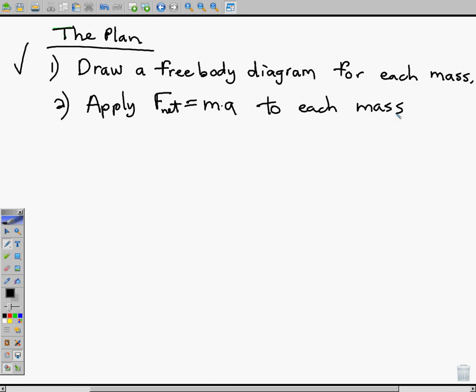And it's arbitrary. You get a choice. So I'm going to put in parentheses here: choose positive direction for each mass.